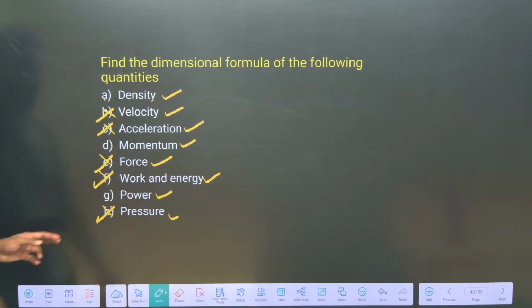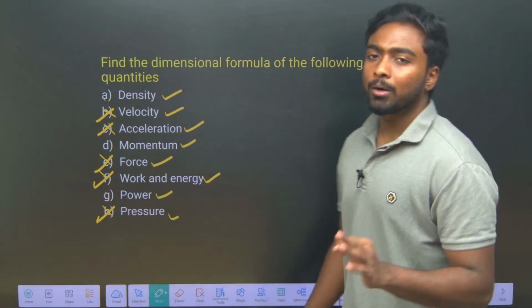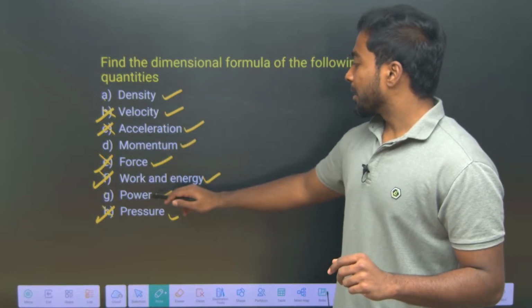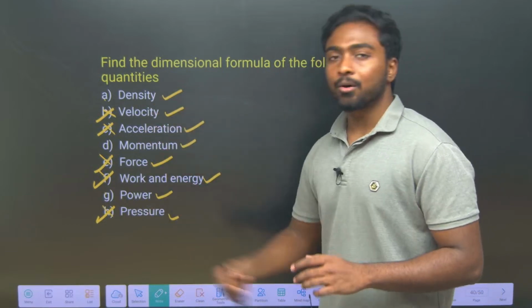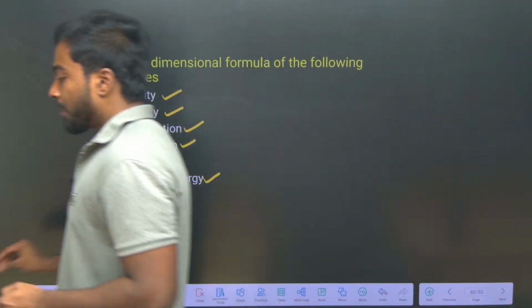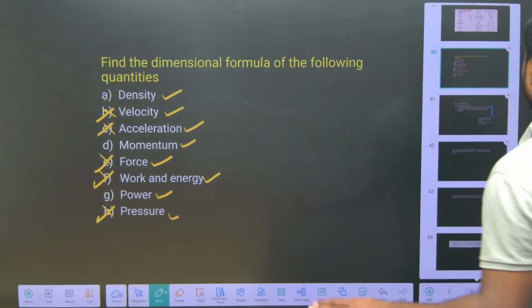Only three are left out: 1 density, 2 momentum, 3 power. Don't skip the homework I am giving, please try to complete it. And the previous question I gave, try to complete that homework too. This one you need to complete for dimensional formula.